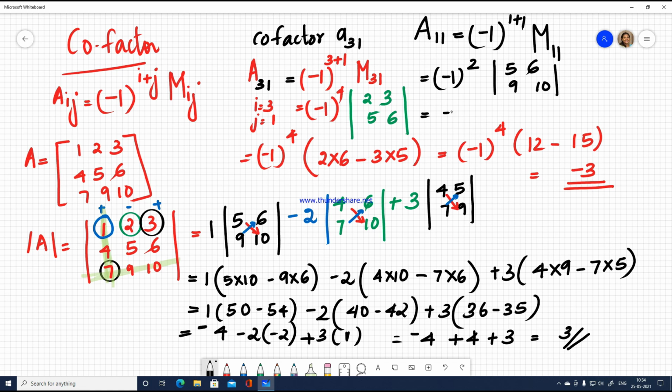So that is minus 1 raised to 2 into (5 into 10 minus 9 into 6), that is 50 minus 54, which is minus 4. So this is how we find the cofactor, minor and determinant. Hope this is clear for you. Thank you.